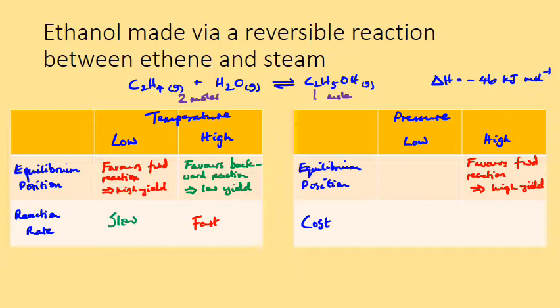If we were to decrease the pressure of that equilibrium, Le Chatelier says that the equilibrium position would change to counteract that decrease in pressure by making more molecules, and it does that by shifting to the left. So low pressure favours the backward reaction, the leftward reaction. And that would decrease your yield.